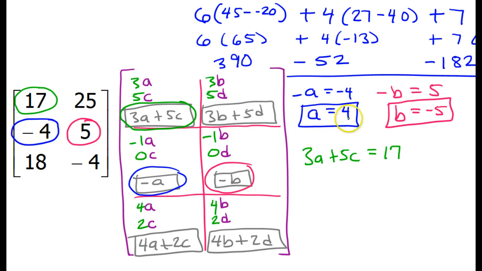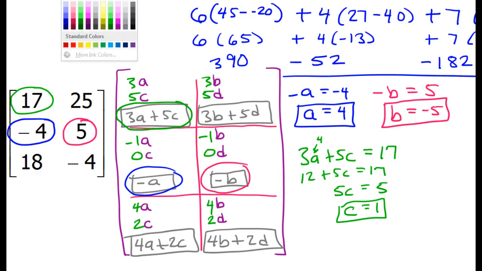But we know what A is. A is 4. So that makes this 12 plus 5C equal to 17. Subtracting 12 from both sides, I have 5C is equal to 5. Dividing both sides by 5, I have C is equal to 1. Okay, only one more to go.